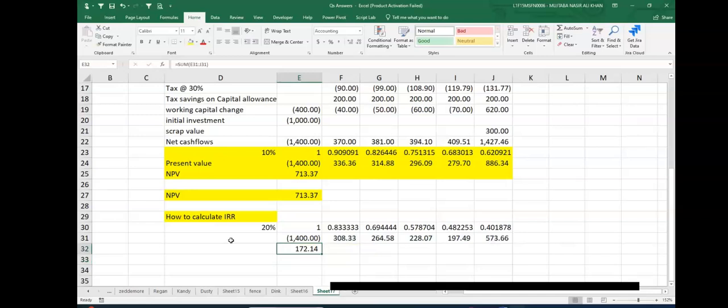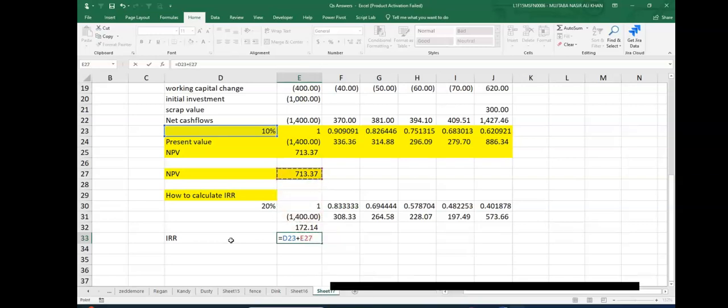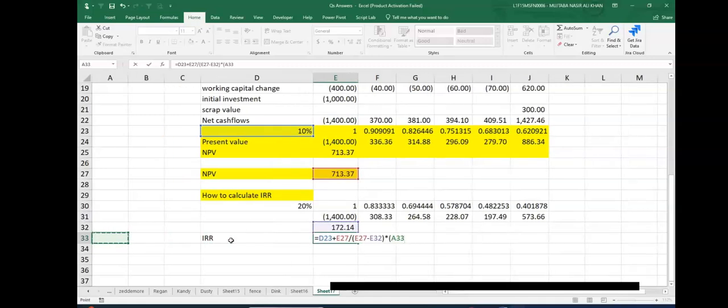It is still positive, but you can calculate the IRR. So IRR would be lower rate, that is 10%, plus lower rate NPV divided by lower rate NPV minus higher rate NPV, into higher rate minus lower rate.